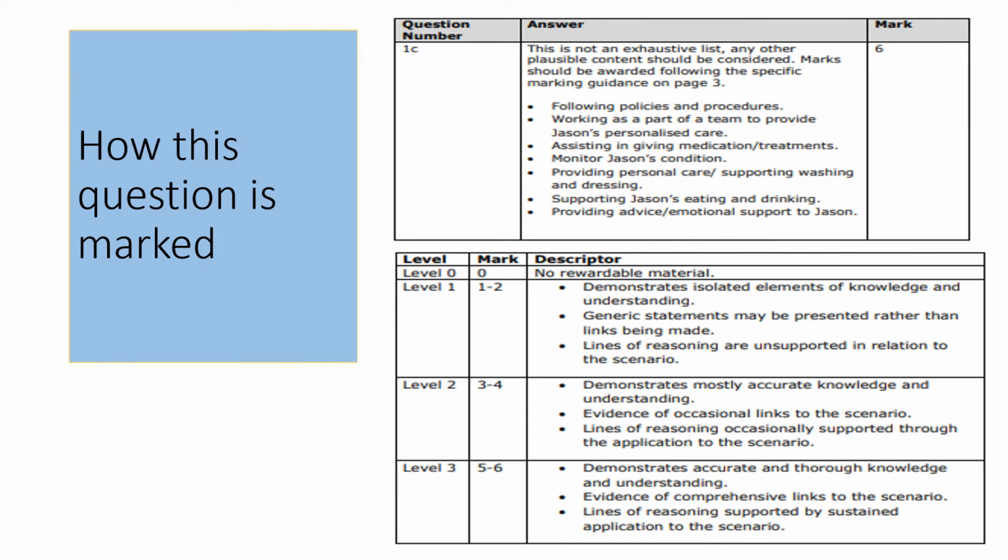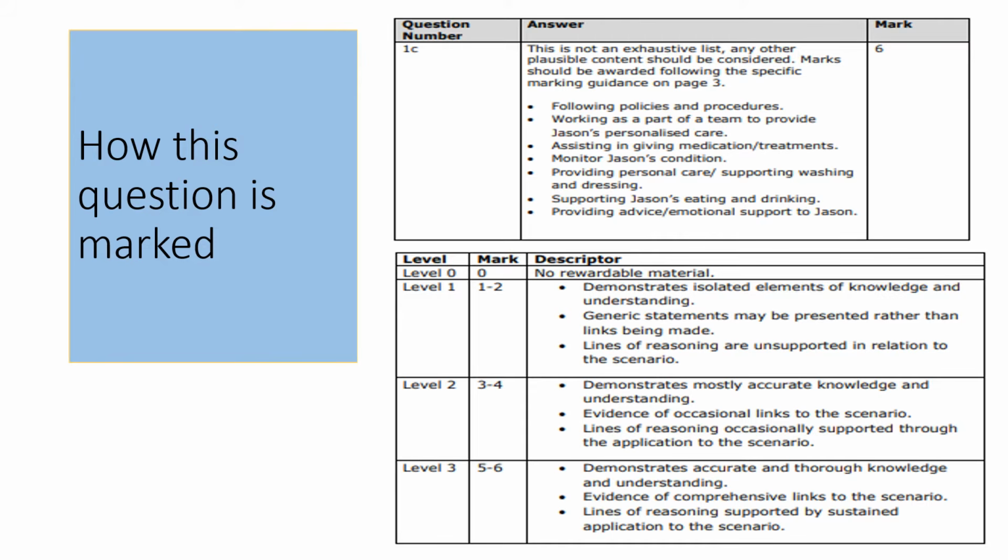Now, if you're not linking to the vocational scenario, you're only going to get the level 1 to 2 marks, where you're just generically suggesting ways in which the healthcare assistant can help, what she is responsible for, just briefly.